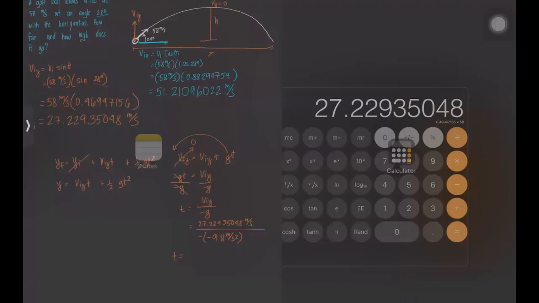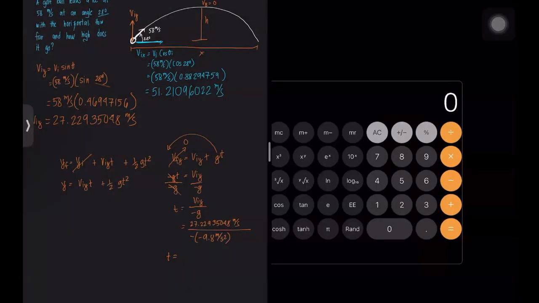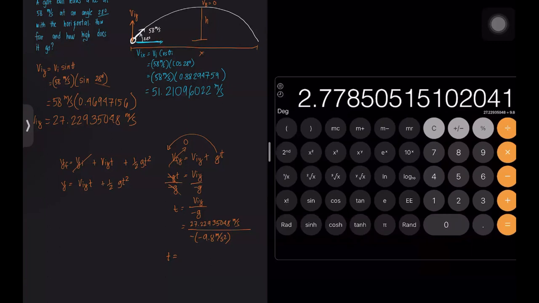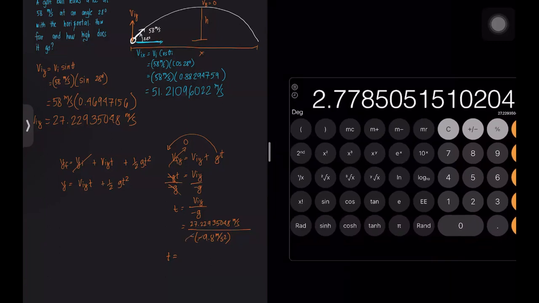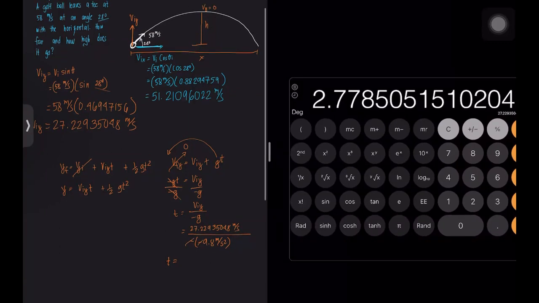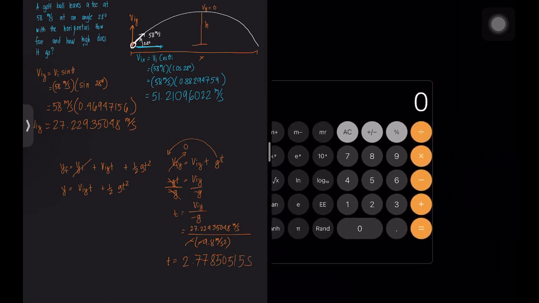Please compute this using the scientific calculator. 27.22935048 divided by 9.8 gives a positive value, since the negatives cancel out. So the time is 2.77850515 seconds. Again, let's check.